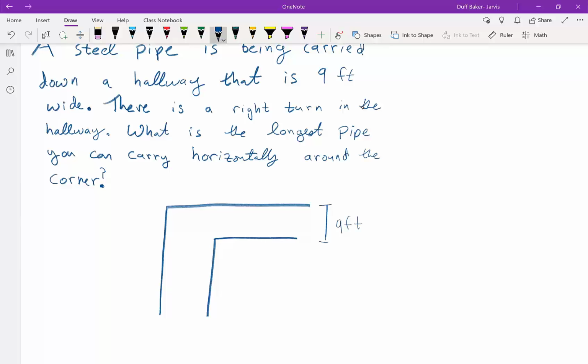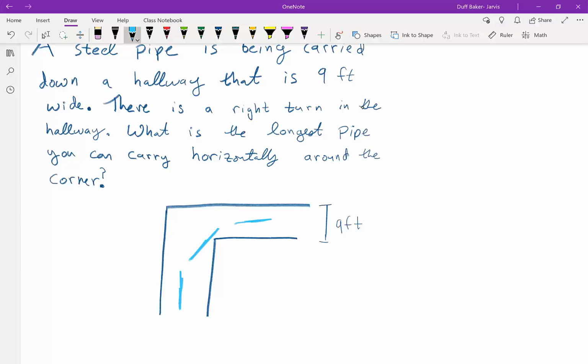So like we have this pipe, let's maybe make that a different color. I don't know what a good color for pipes are. So you have a long steel pipe, right? And you're going to try to move it around this corner, right? So you might start out carrying it like this, and then you move it around the corner.